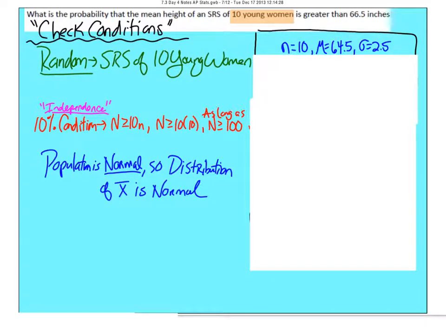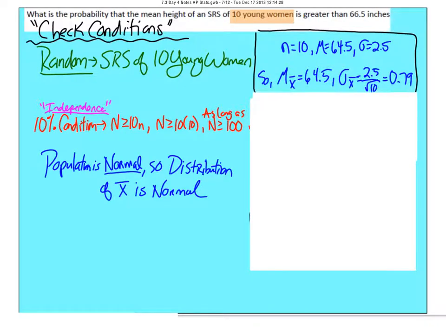I have the current mean and standard deviation of the population. So based on that, I can compute mu of x bar. The mu of my sampling distribution, remember, is just the mean of my population, so it didn't change. The standard deviation of x bar is the standard deviation of my population, but I have to divide it by the square root of my sample size. So this is my new standard deviation.